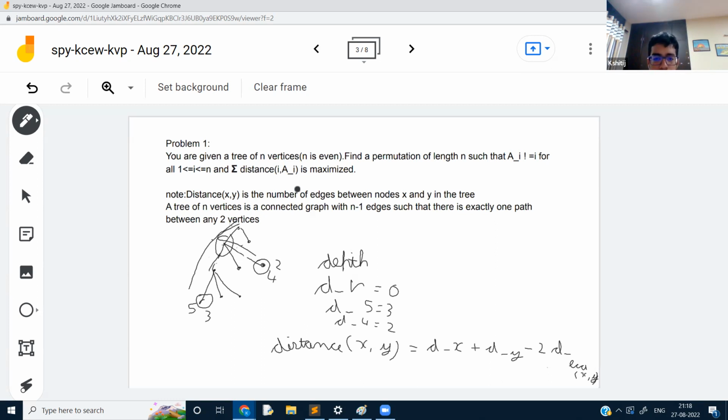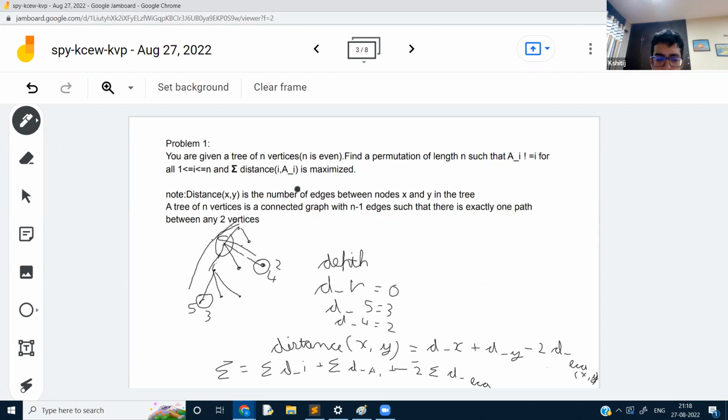Now, since this is a permutation, we can expand this summation as summation depth i plus summation depth A_i minus 2 summation depth LCA of those two nodes. Now, if you notice, these two sums are fixed because i always goes from 1 to n.